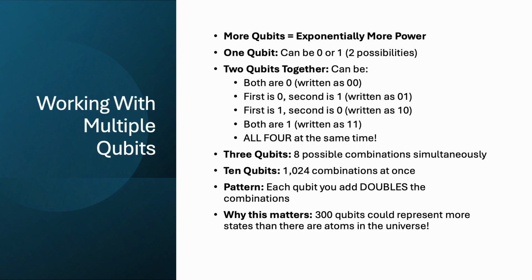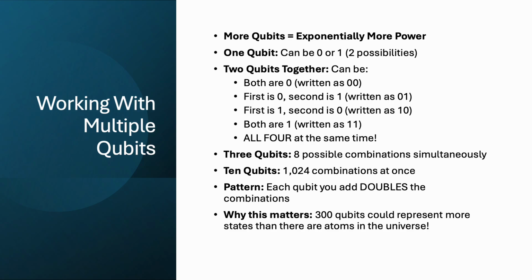As we add more qubits, the number of states that can exist in superposition grows exponentially. 3 qubits can represent 8 states at once, and those are 000, 001, 010, 011, 100, 101, 110, and 111. 4 qubits can represent 16 states. 10 qubits can represent 1024 states simultaneously.